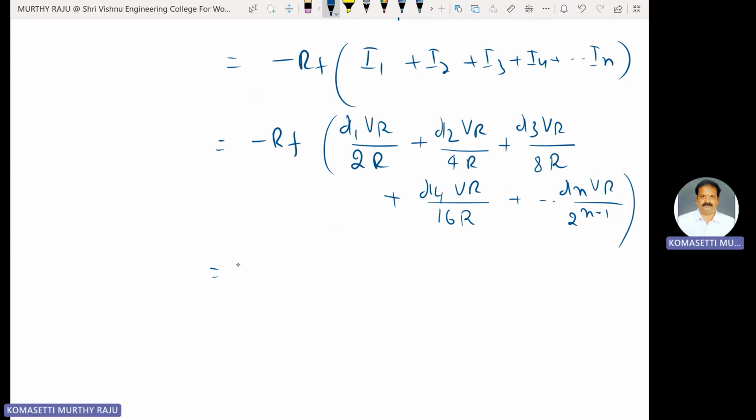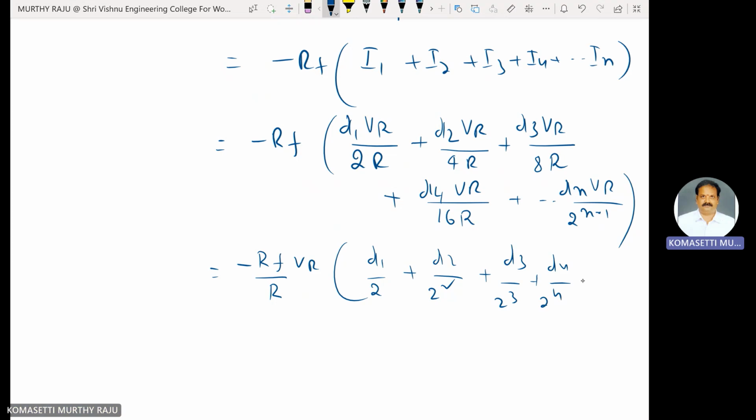R is a common term, minus RF by R. VR is also a common term. D1 by 2, D2 by 2 square, D3 by 2 cube plus D4 by 2 power 4 and so on and so forth, Dn by 2 power n minus 1.